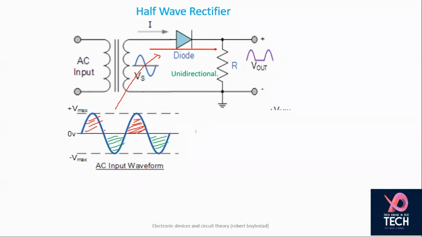So you are getting output at the load. Now some of the voltage is consumed in between. Why? Because we know that your diode, if it is silicon, then a 0.7 volt drop is there.